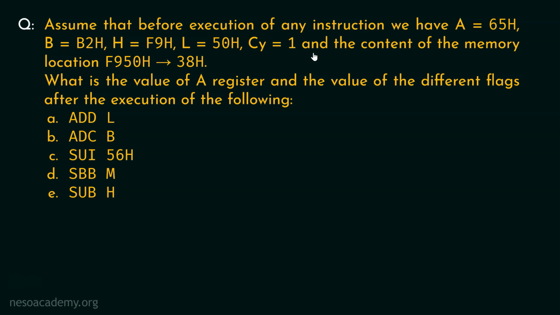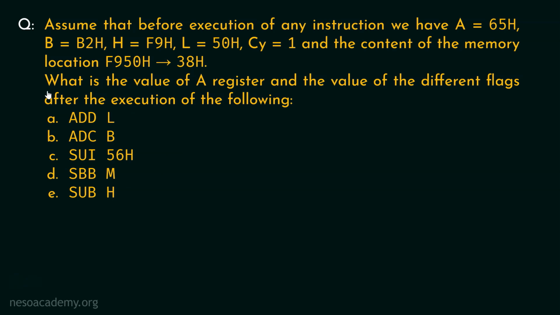And at the same time, the content of the memory location, which is mentioned in here, F950, will contain 38H value before the execution of any instruction. So which instructions we are talking about? These 5 instructions.